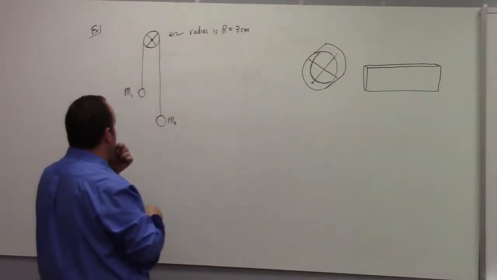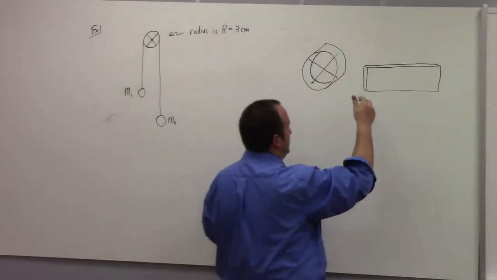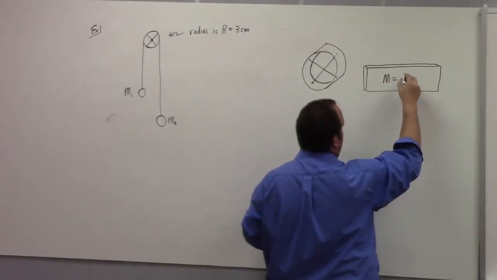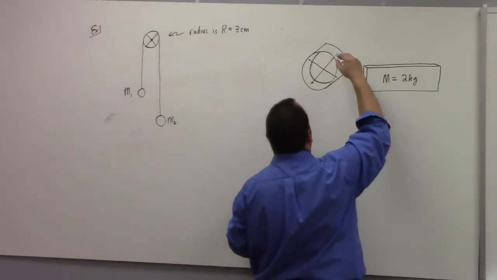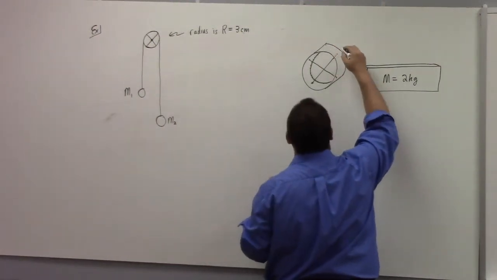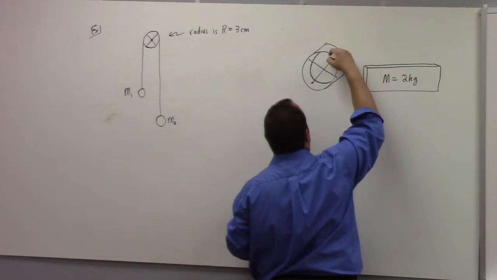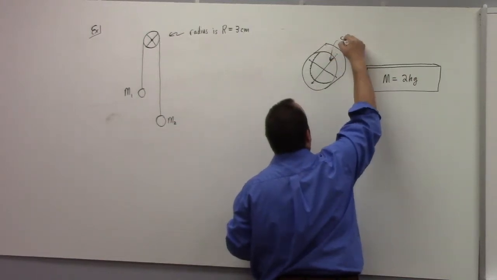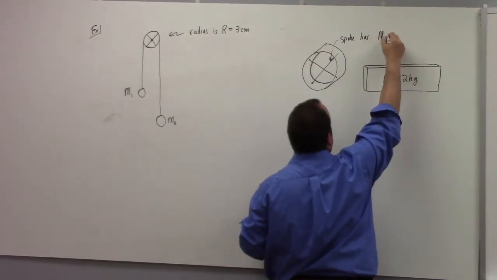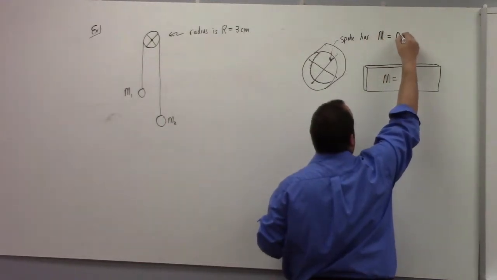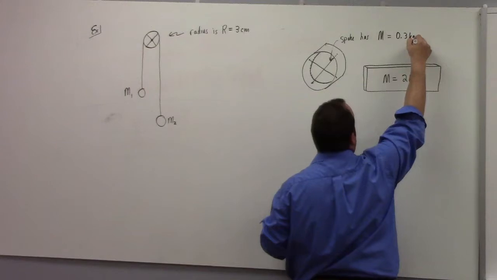So to go further, I should tell you that the mass of the metal is, let's say, 2 kilograms, and each one of these spokes has mass m equal to, let's say, 0.3 kilograms.